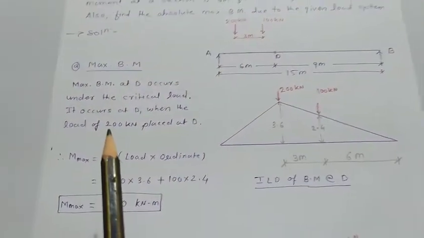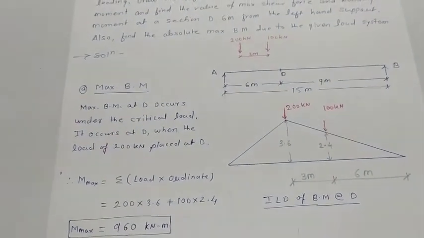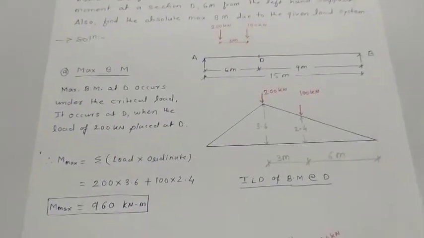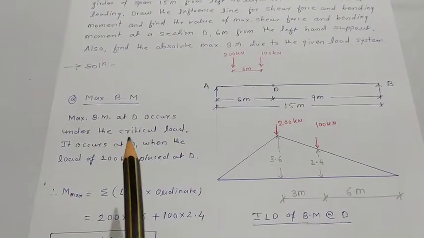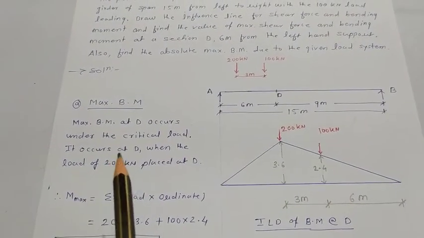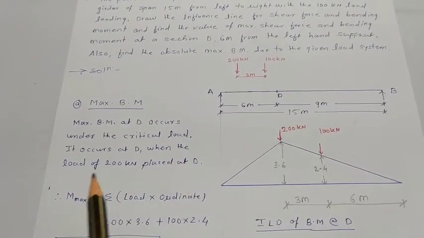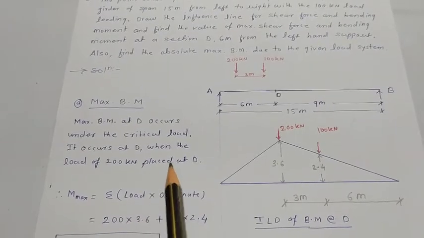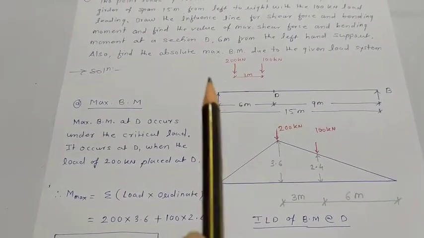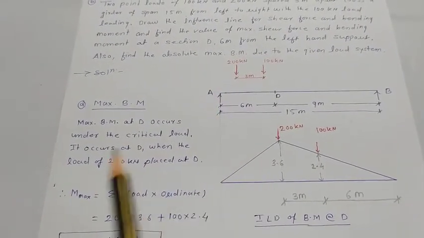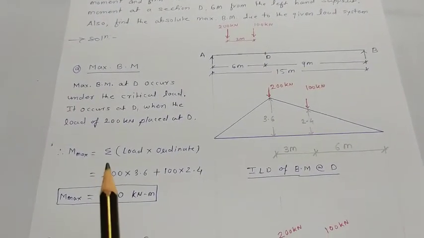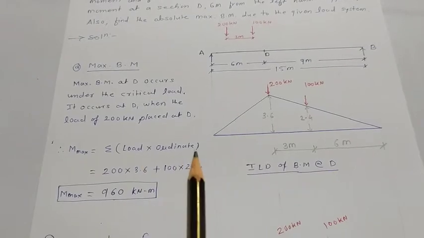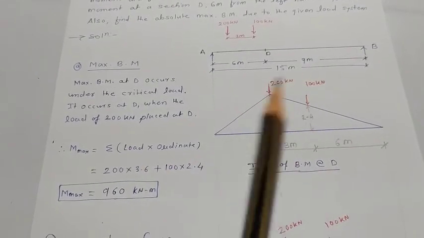So first find out the maximum bending moment. Maximum bending moment at D occurs under the critical load. It occurs at D when the load of 200 kilonewton is placed at D. So the 200 kilonewton load will be critical. So for the maximum, summation of load multiplied by ordinate, because there are 2-point loads, okay.